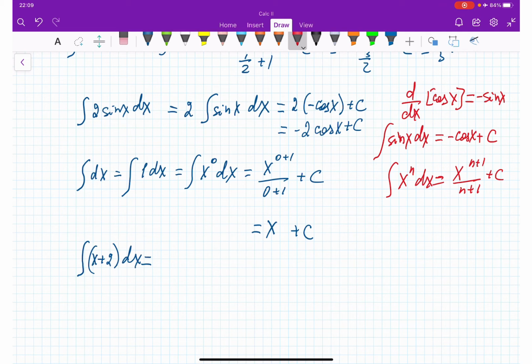So if we have the integral of f of x plus g of x dx is equal to... let me squeeze here so we will have space to write down.